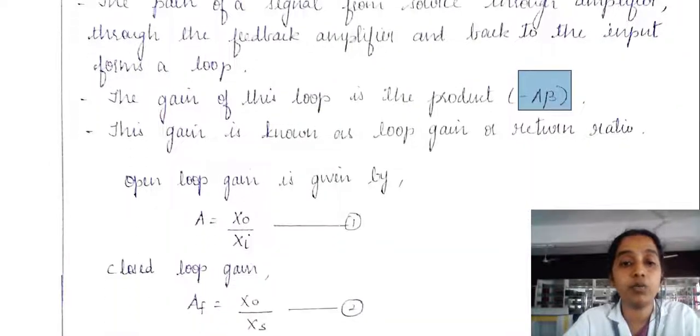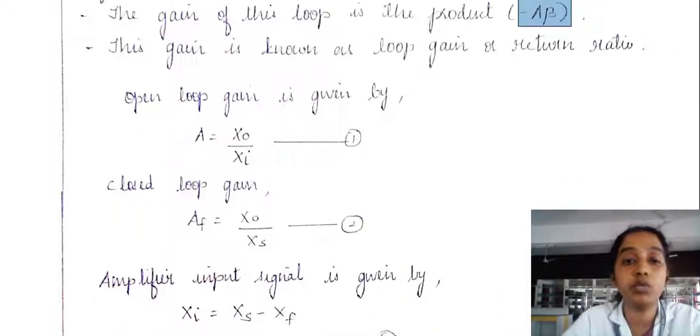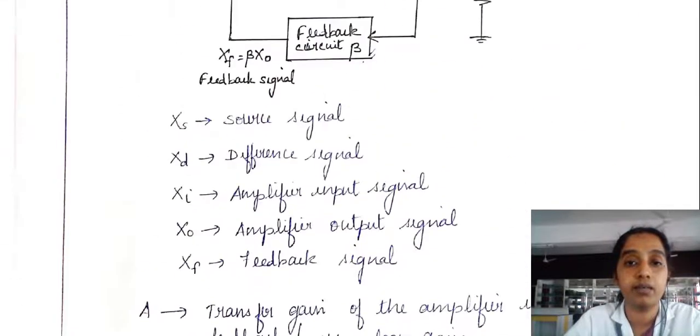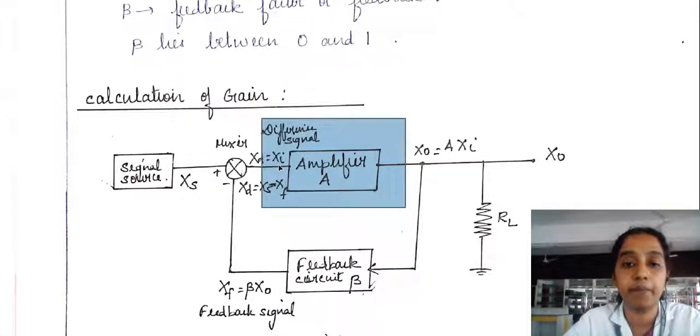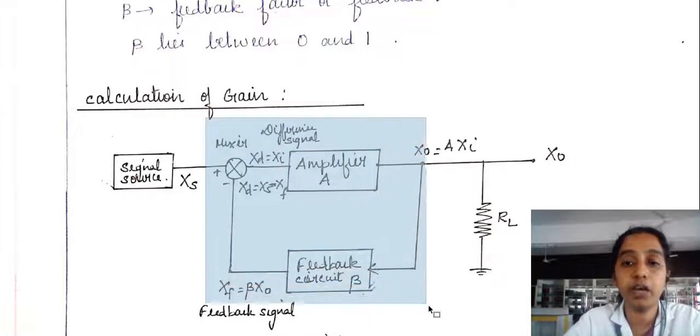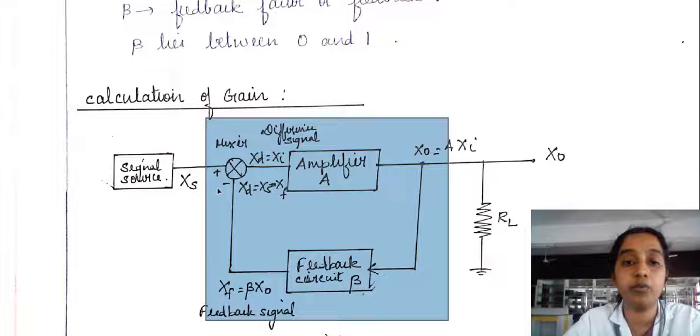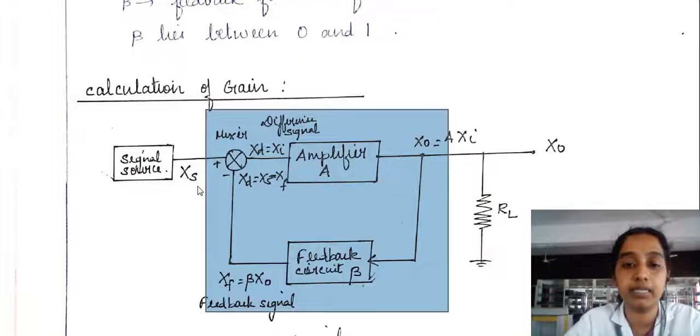So now consider open loop gain A without using feedback, X naught by Xi. Without feedback, my output is X naught, input is Xi. By using feedback, what is my output? Output is X naught, input is Xs.